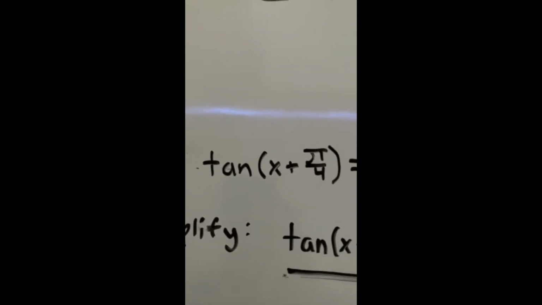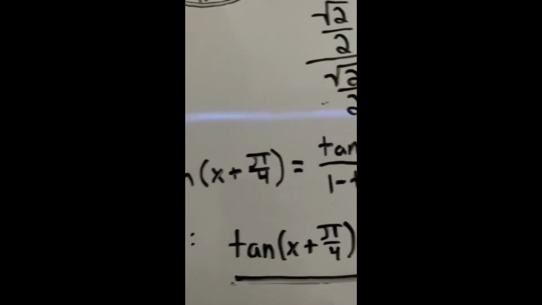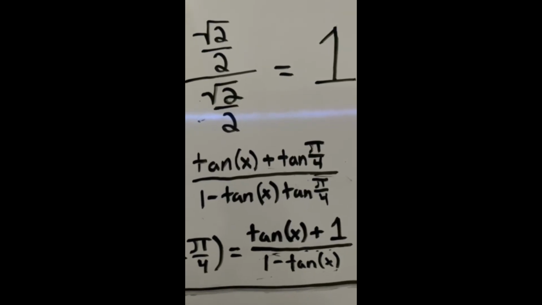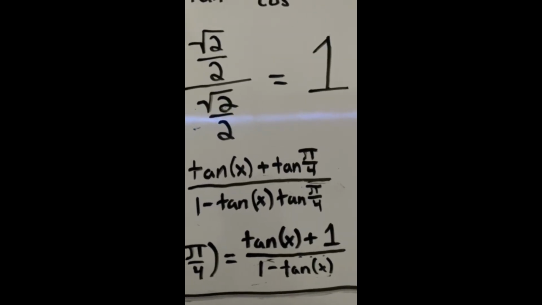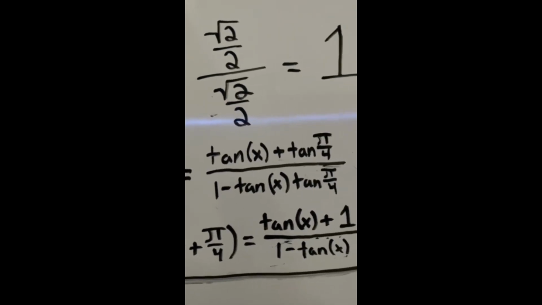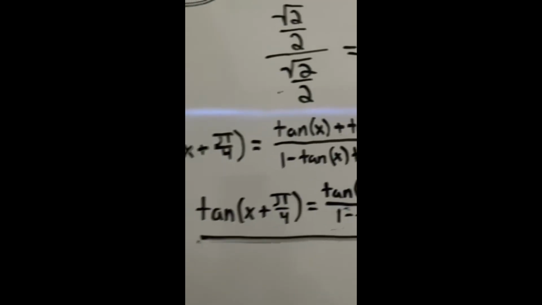So we can now rewrite our equation. Tan of x plus pi over 4 equals tan of x plus tan of pi over 4 over 1 minus tan of x times tan of pi over 4.